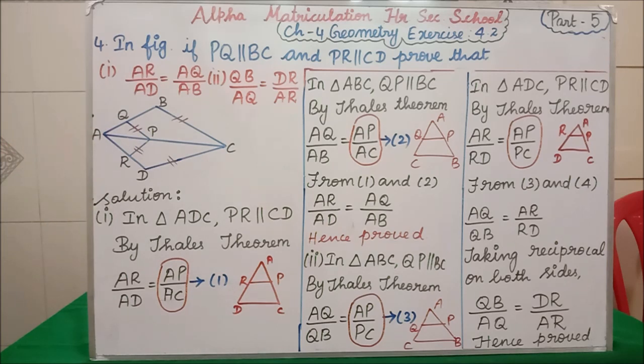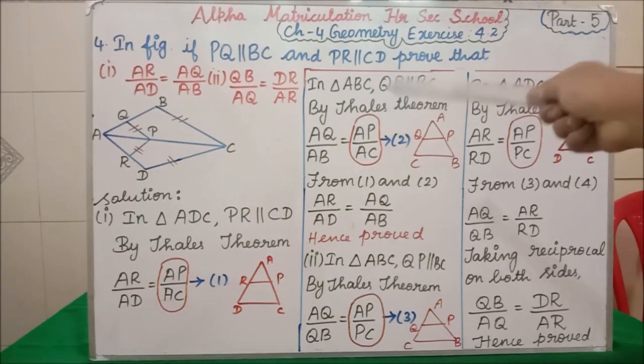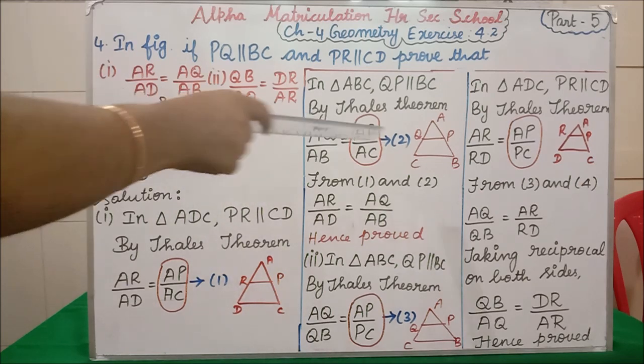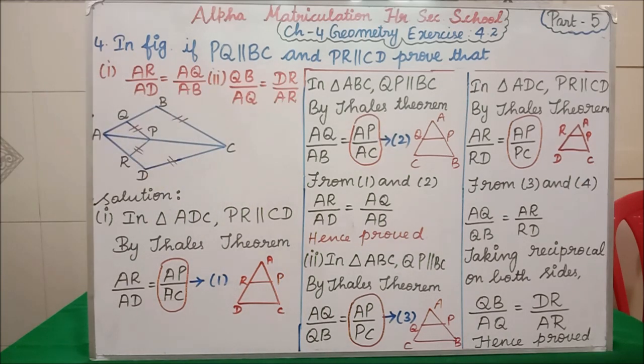Now we are going to take the next part, this triangle ABC. In triangle ABC, which two lines are parallel? QP and BC are parallel. So I have drawn this part of the triangle separately. Clear? In triangle ABC, QP is parallel to BC.